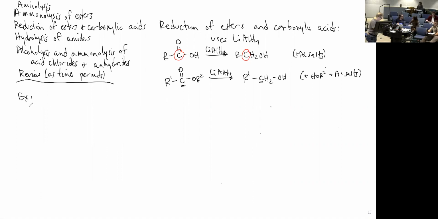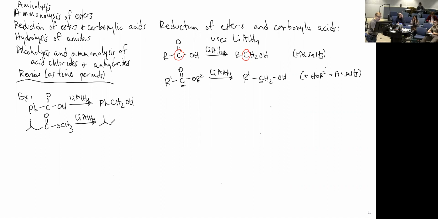So if you were to take, let us say, benzoic acid and treat with LAH, you will get benzyl alcohol. And if you took this methyl ester and treated it with LAH, you would get this primary alcohol.